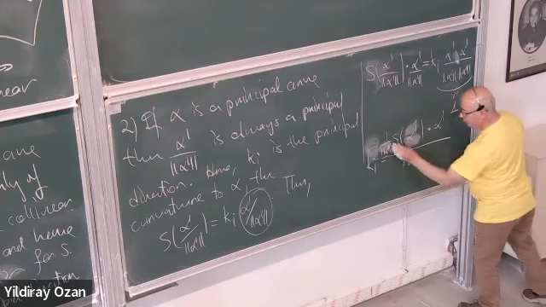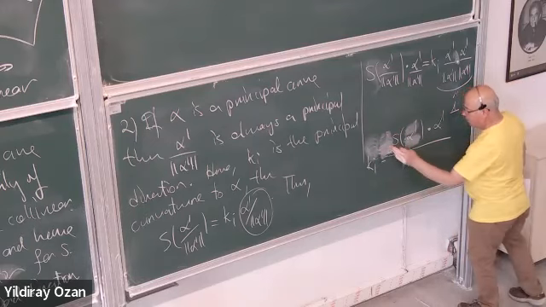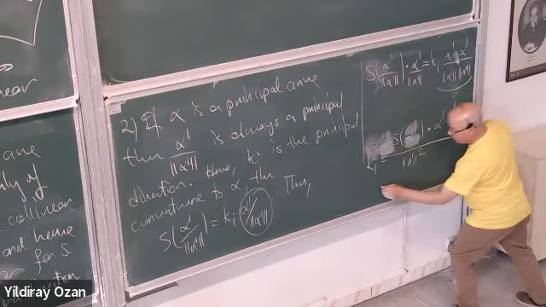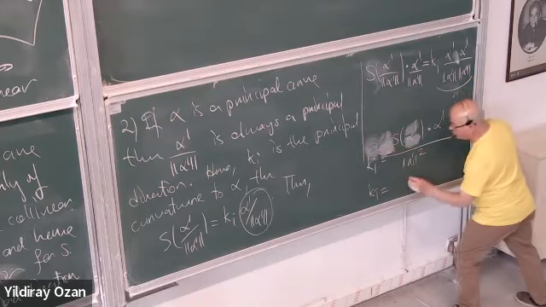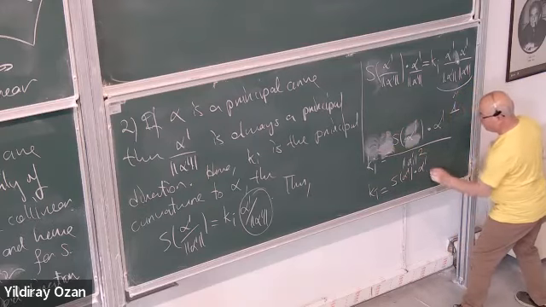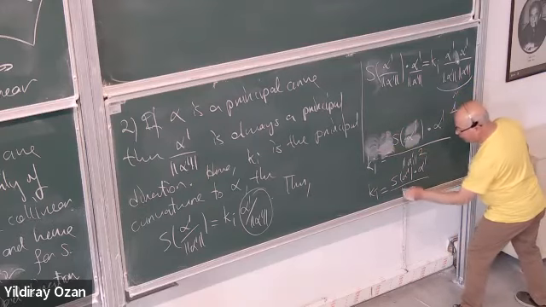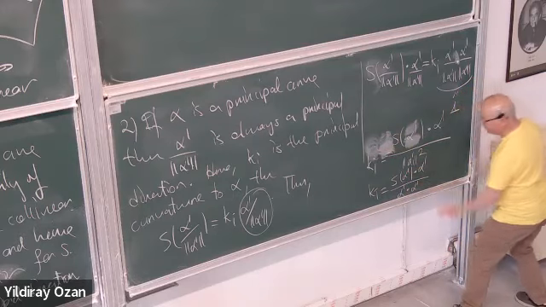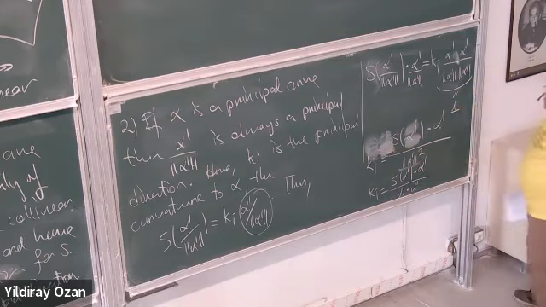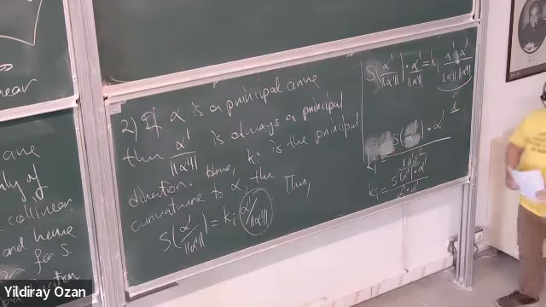But then that will mean I have a square here. So ki equals S of alpha prime dot product with alpha prime divided by alpha prime dot product with alpha prime. Okay?